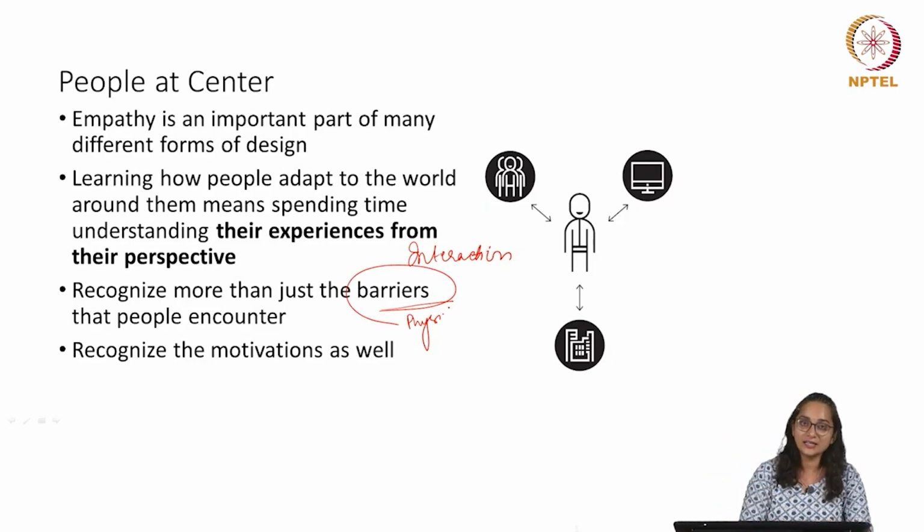That needs to be studied, that needs to be addressed, definitely, but we should also try to recognize the motivations, the aspirations, the frustrations of the users as well, in order to create more accessible and more enriching experiences.